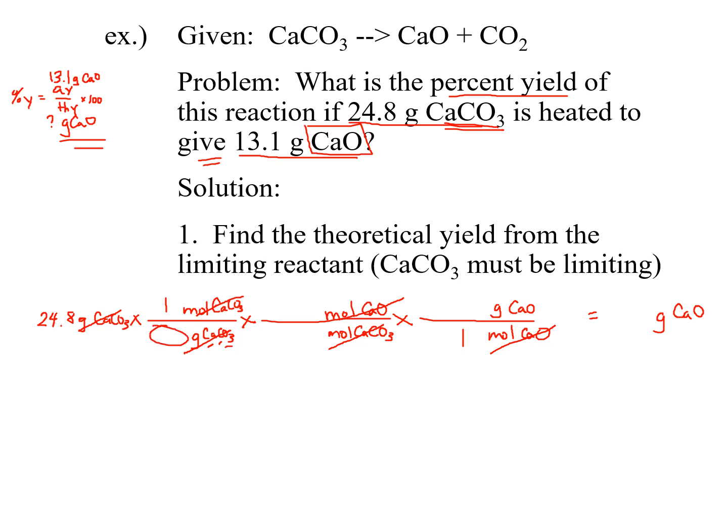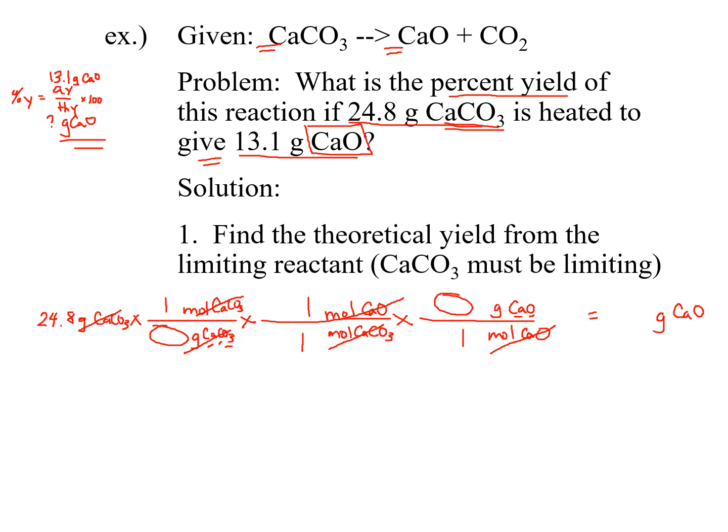And then you had to look up Ca and O and add those up and put that here. And finally, what goes here in the middle, the mole to mole ratio? Well, that comes from our balanced equation. How many CaCO3s were in my balanced equation? There was 1. How many CaOs were in the balanced equation up there? Well, it was 1. So that part was really easy.